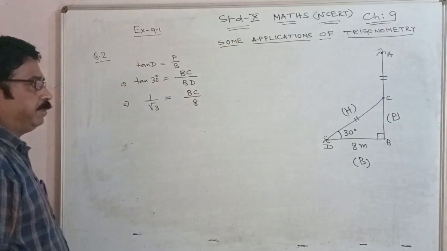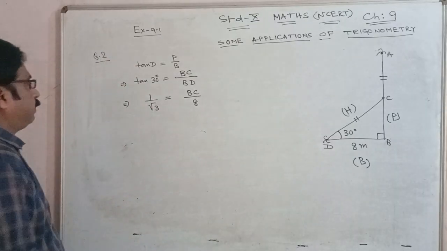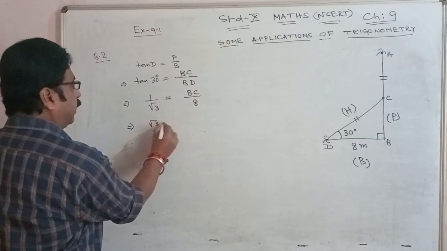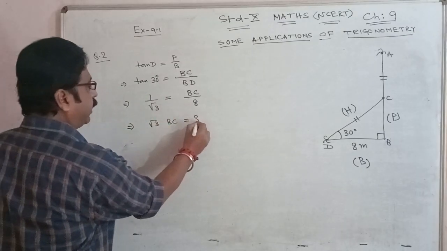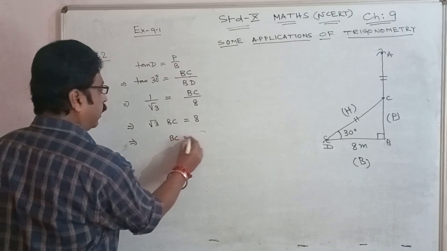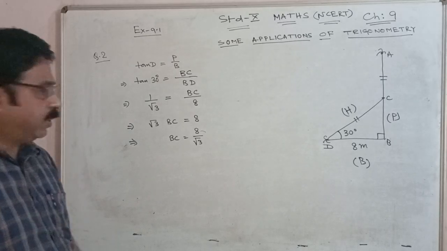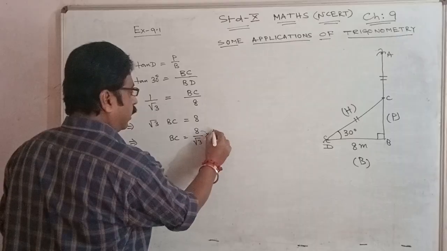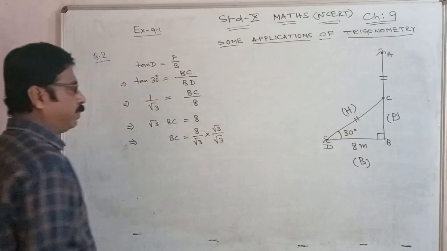BD is 8. 8 meter is given. We are not writing unit here. Cross multiplication, root 3 into BC. It will be 8 into 1, 8. That means BC will be 8 upon root 3. If we want to rationalize this, we have to multiply by root 3 upon root 3.